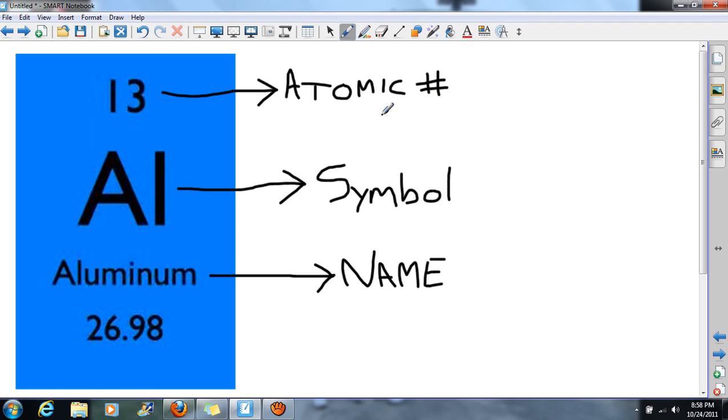The atomic number tells us two things. The first thing the atomic number tells us is the number of protons.